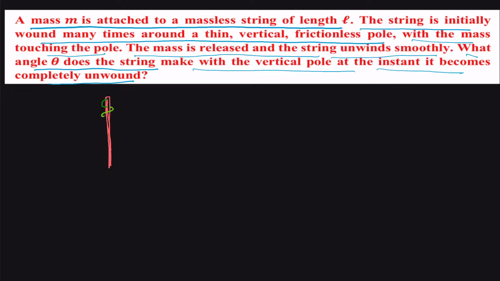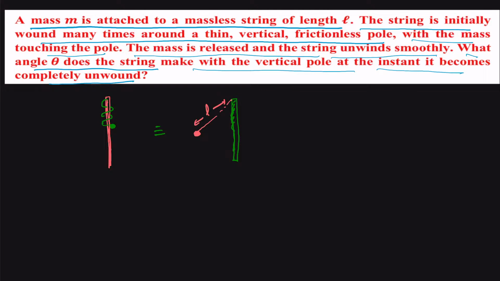It is something like this, and it has a mass m connected to it, and when it starts to loosen, the string is going to form something like this. And the string is completely unwound and its length is given as L.